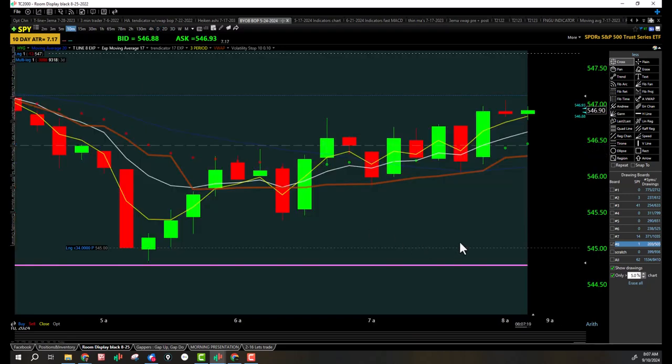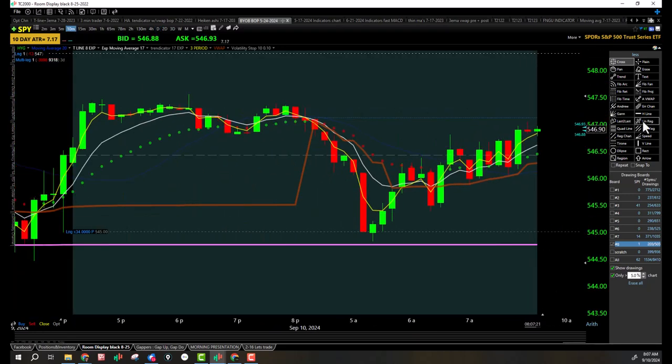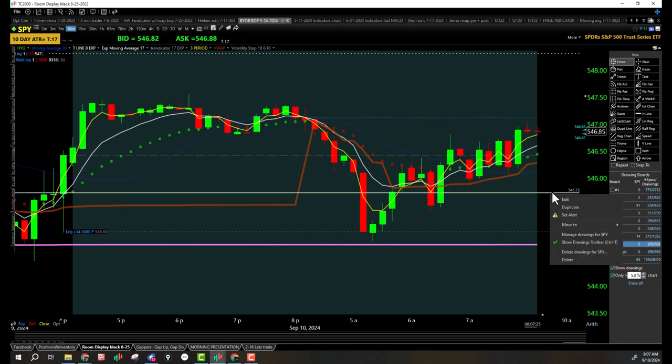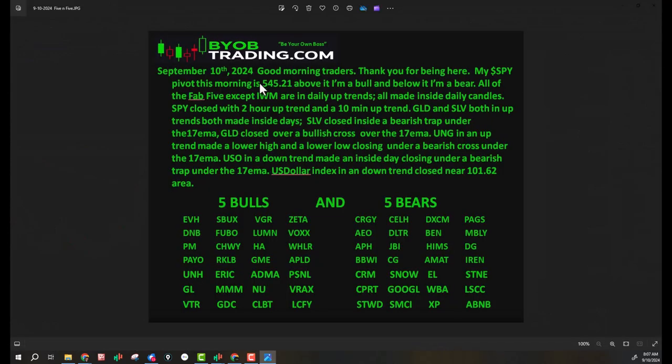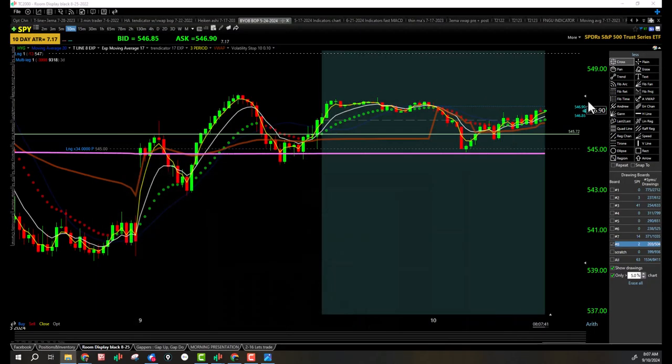Back to the 10-minute chart. So where's the pivot this morning? Let's take a look. I think I put it at 545, which was, let's zoom out. Pull up the all-time high. Where did I put it? 545.21.